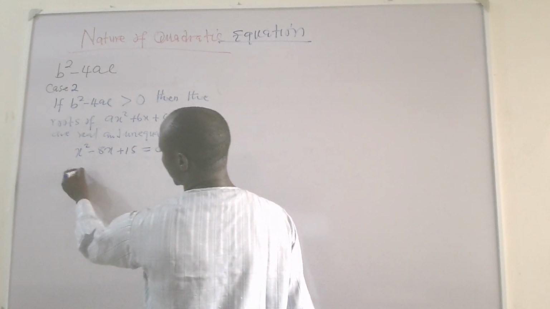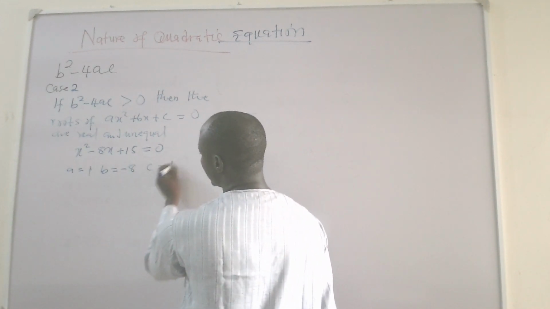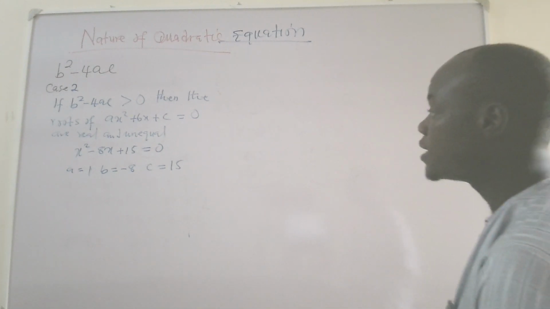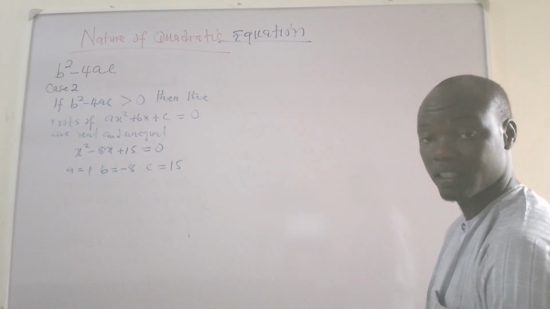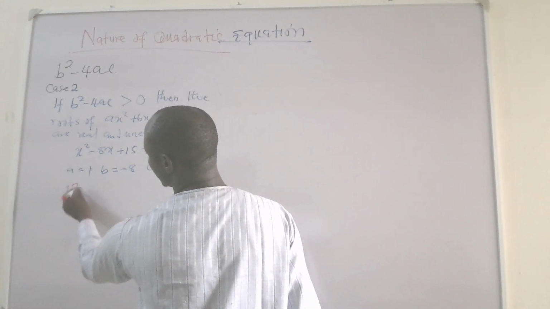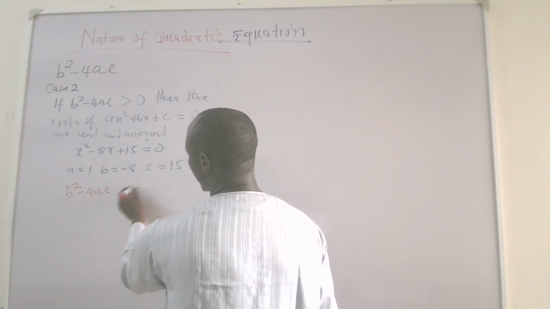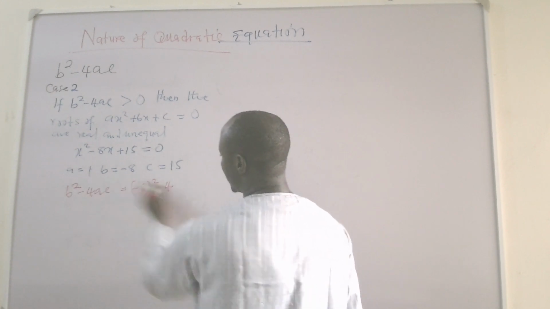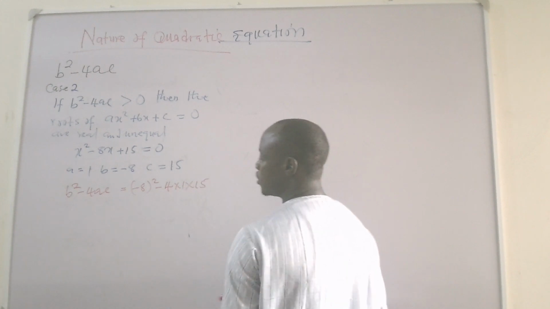So our a here is 1, our b is minus 8, and our c is 15. So now we take b squared minus 4ac, which is the discriminant. So b is minus 8 squared, then minus 4 times a, which is 1, times 15.